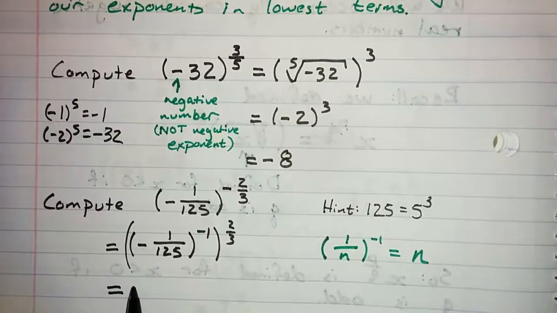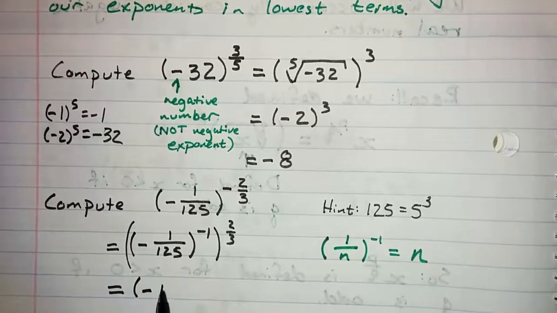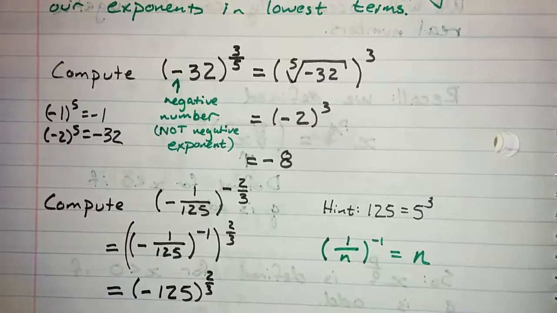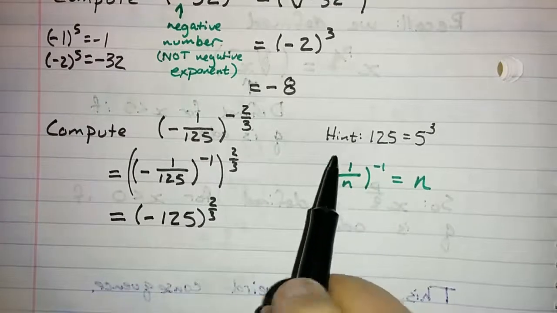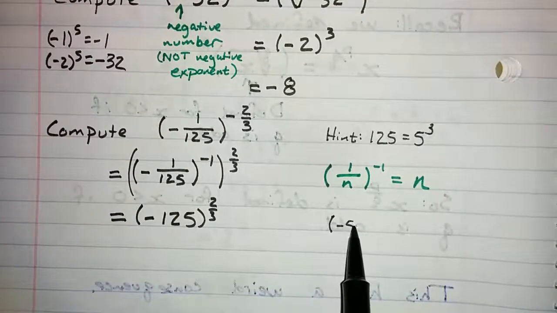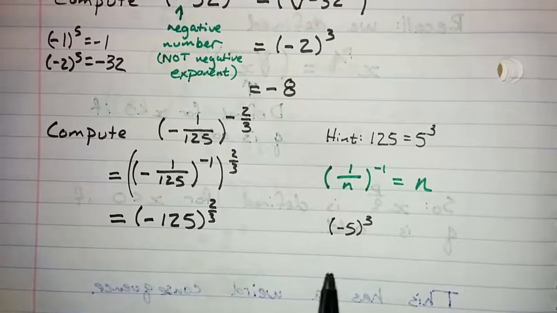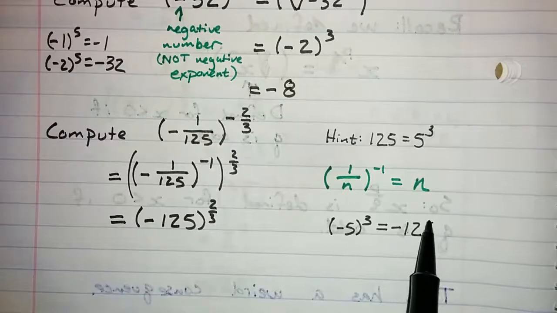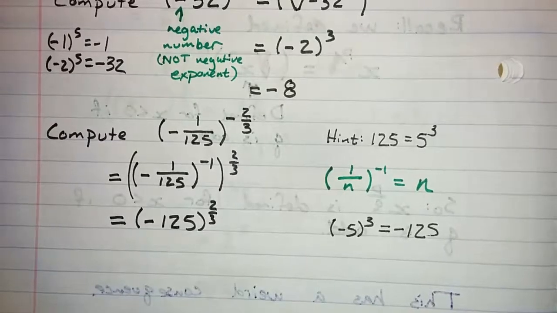So this is going to be just -125 to the 2/3. I know that 125 is 5 to the 3rd, so negative 5 to the 3rd will be negative 125. Odd powers keep the sign.